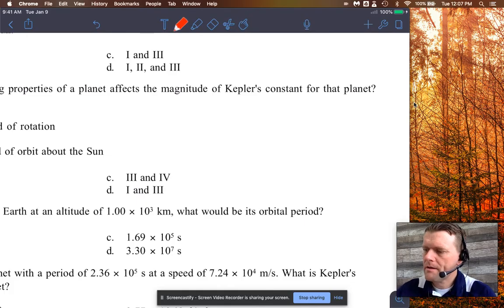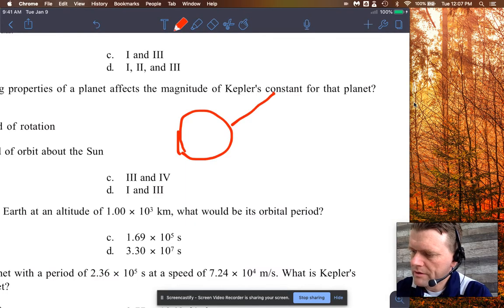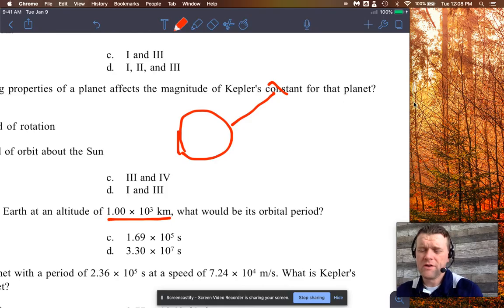The first thing we need to recognize is that if we are 1,000 kilometers away from the Earth, so we're out here somewhere, the altitude is just the distance from the surface of the Earth out. I'm going to turn this into meters right away because for almost all of our math we need to use meters.